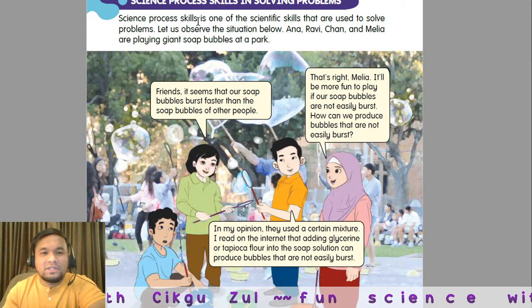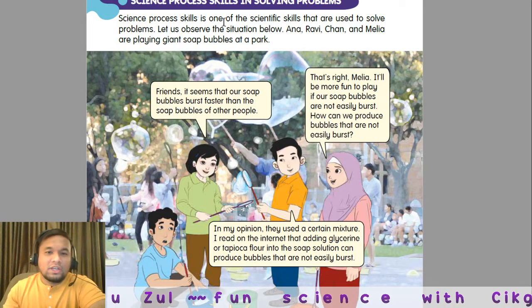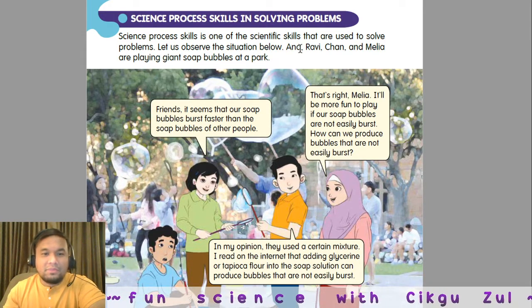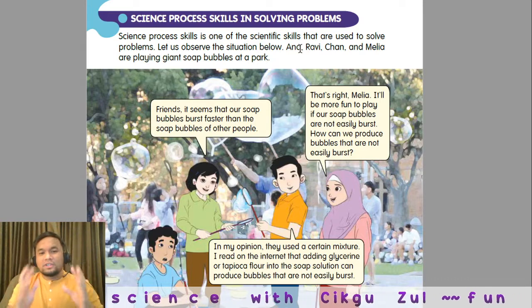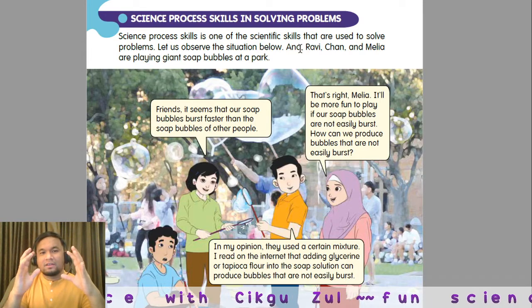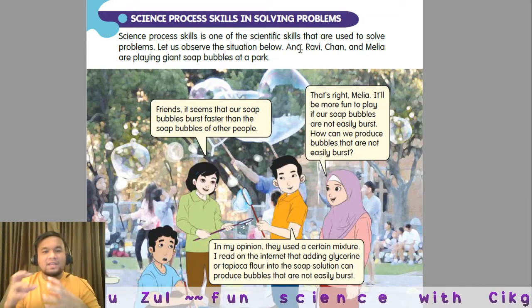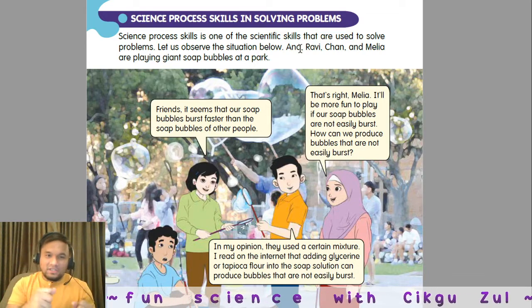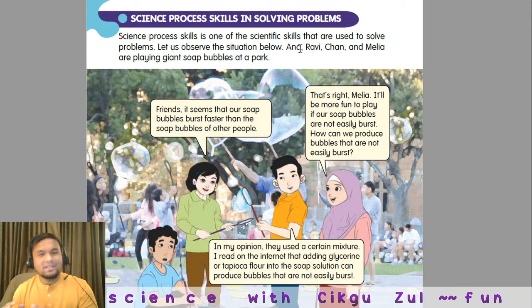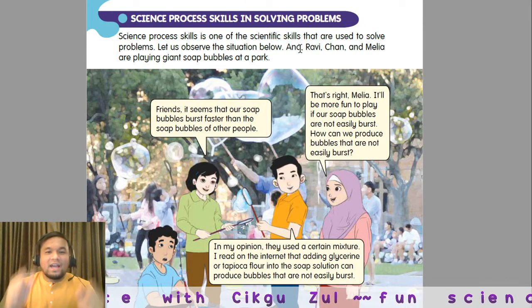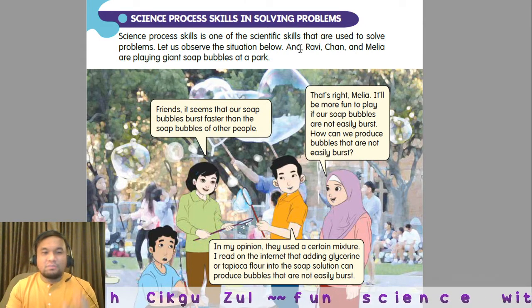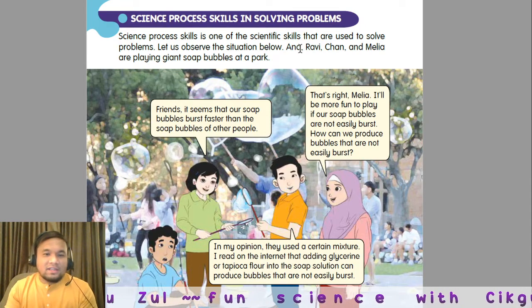So science process skill ni adalah salah satu daripada scientific skill. Faham tak? Maksudnya scientific skill tu adalah main dia. Kemudian science process skill tu ialah apa yang ada di dalam scientific skill. Please do not be confused with those terms.